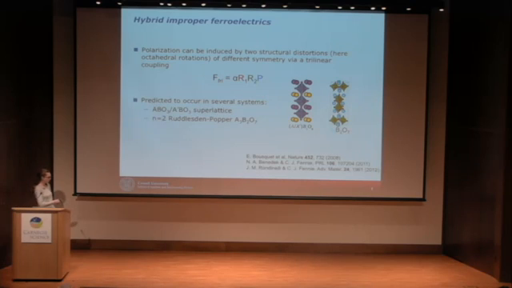Starting with the work of Bousquet et al., there's been a lot of research in recent years into designing hybrid improper ferroelectrics and predicting materials that display this mechanism. In particular, there have been predictions for hybrid improper ferroelectricity in AA' ordered perovskite superlattices and in n=2 Ruddlesden-Popper compounds.